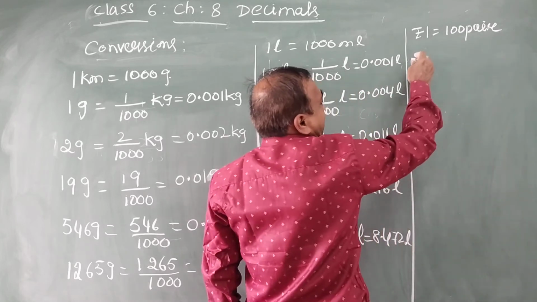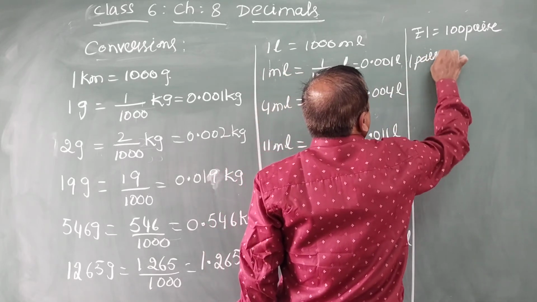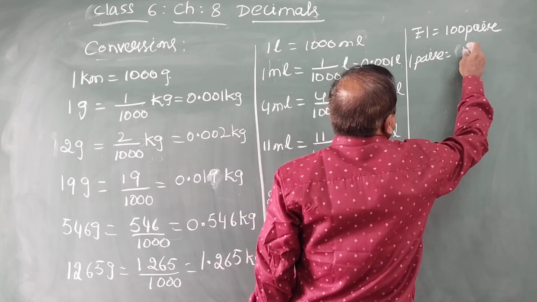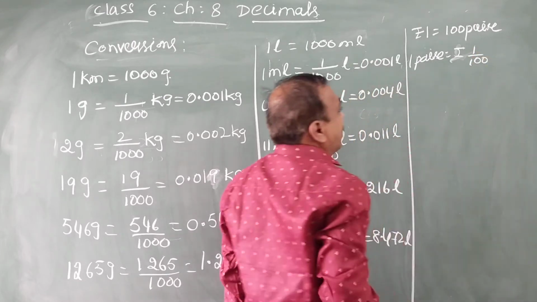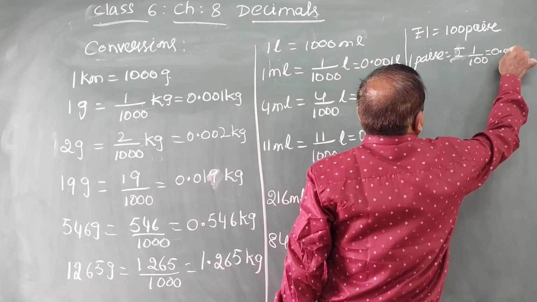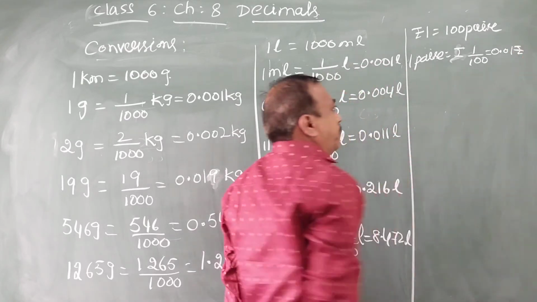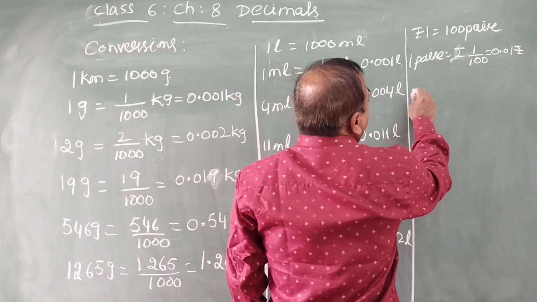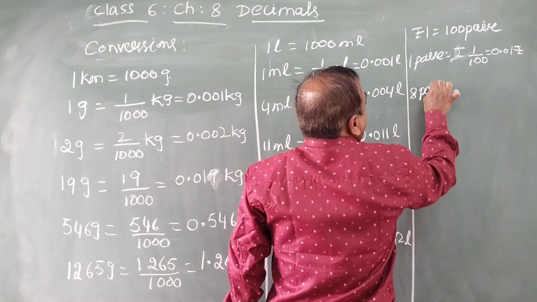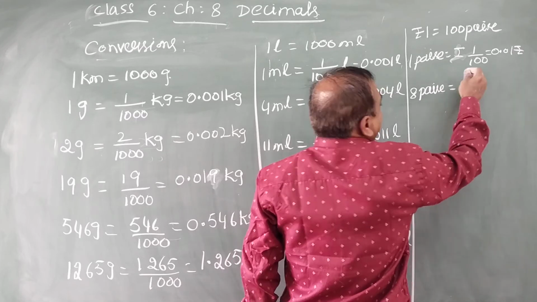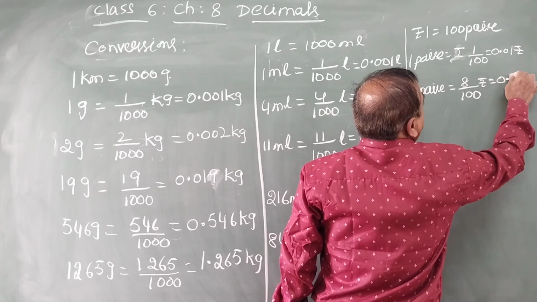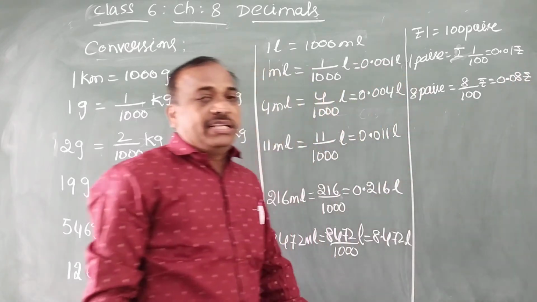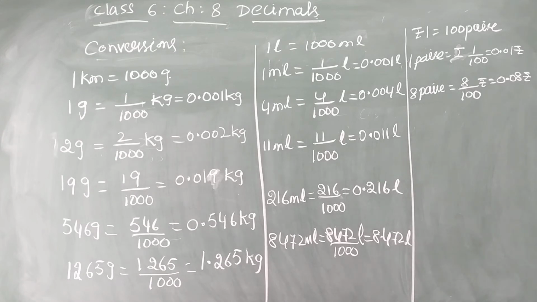Next, 1 pie is equal to 1 by 100 rupee, which we write as 0.01 rupee. 8 pies is equal to 8 by 100 rupee, which is equal to 0.08 rupees. Like this we will convert pies and rupees.